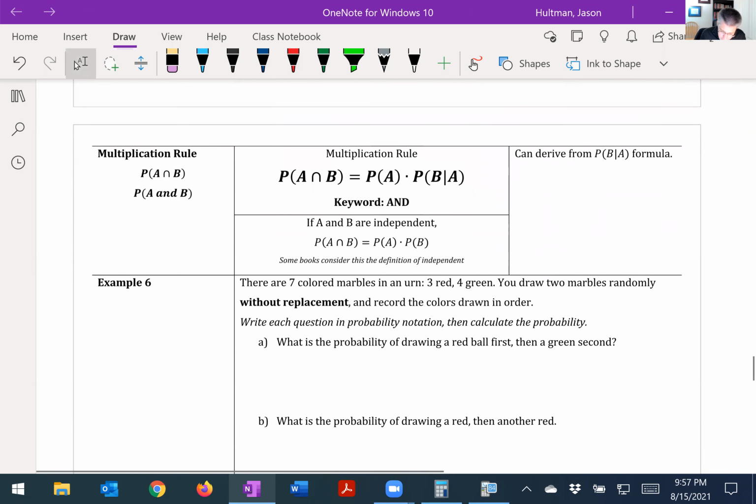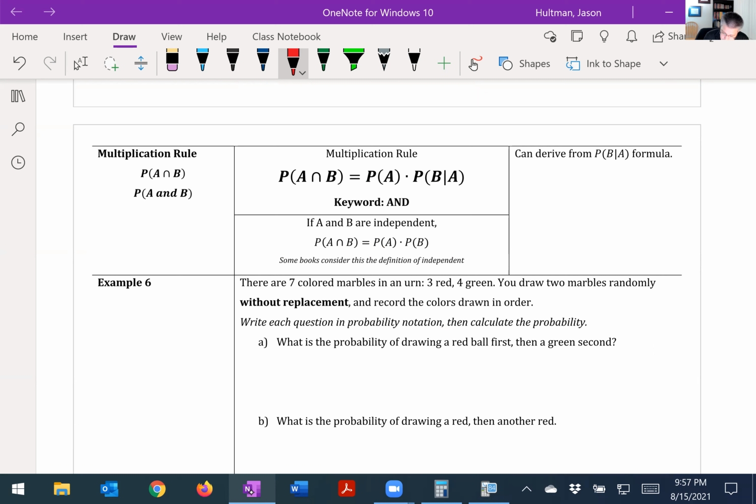Okay, let's look at the multiplication rule here. This rule can be derived from the conditional probability rule.